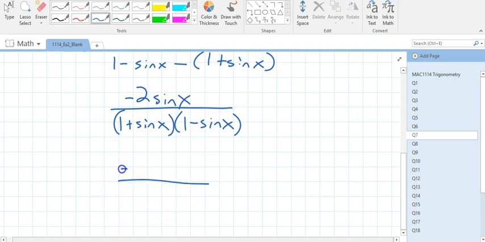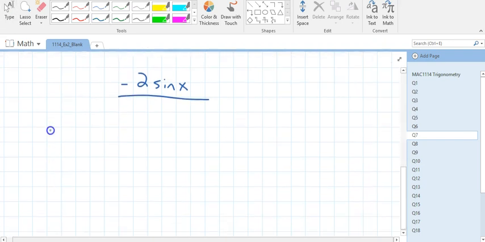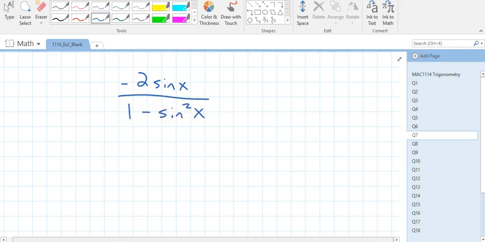So what happens when I FOIL this bottom guy out? When you do first, outer, inner, last, what do you end up with? You got it. 1 minus sine squared x.